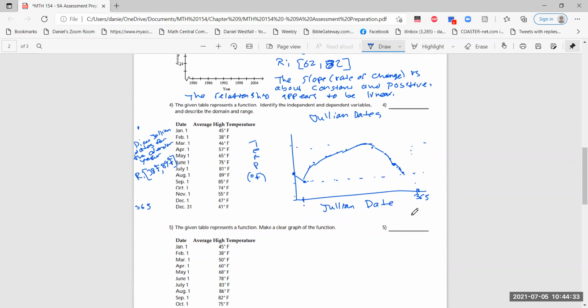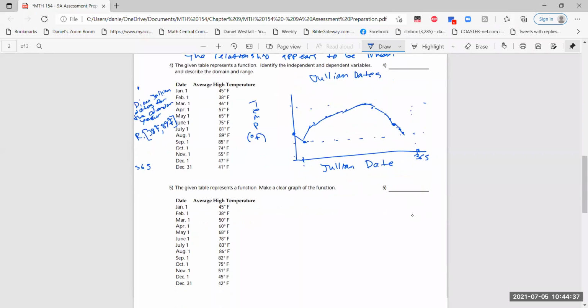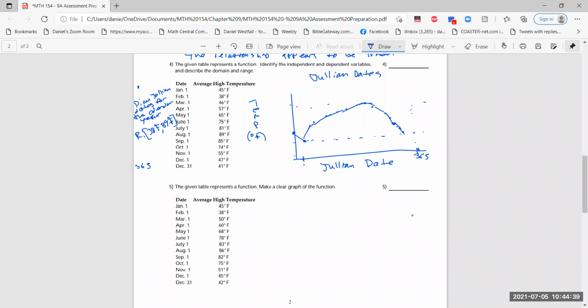And then, to put 4 and 5 together here, they were asking us what the independent and dependent variables are. Our independent variable here is going to be the date or time. But I'm going to say the date. I'm going to change it to what's called a Julian date, where I number the days of the calendar year from 1 to 365.